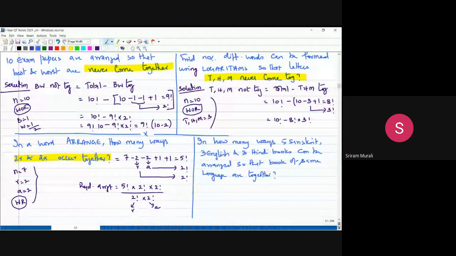The best and worst itself can be arranged in another 2 factorial. Arranging best and worst between the other papers is 9, that is 9 factorial. So subtract: 10 factorial minus 9 factorial into 2 factorial.